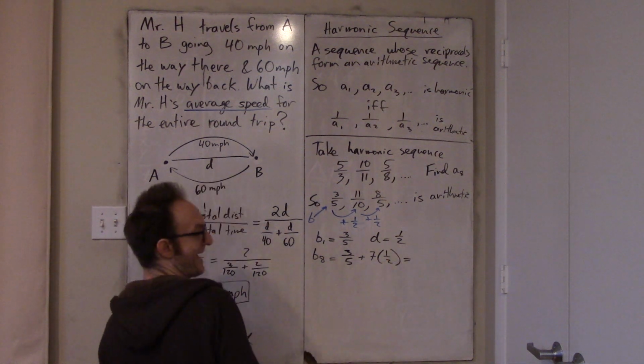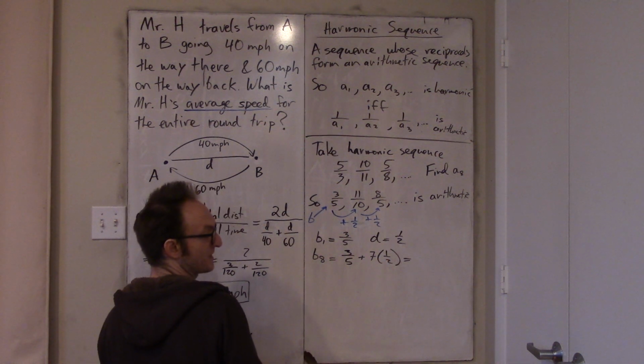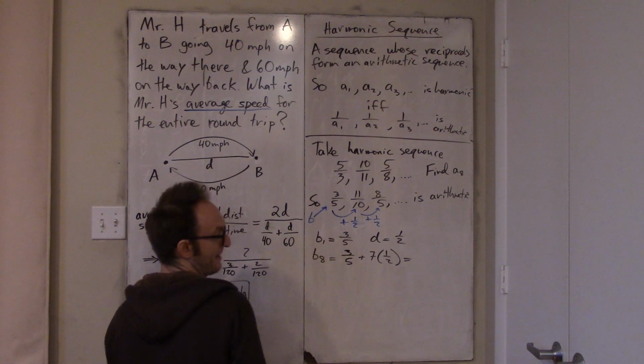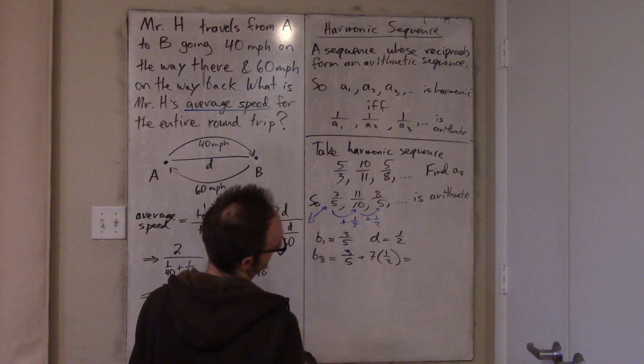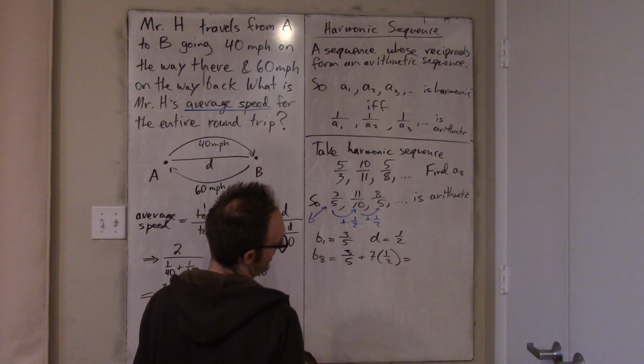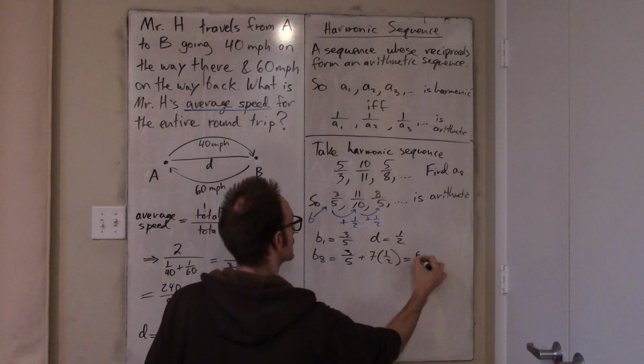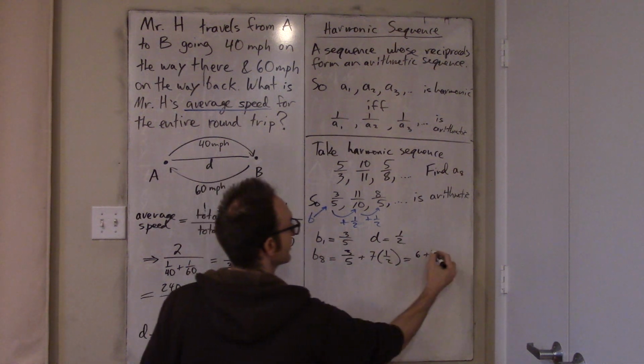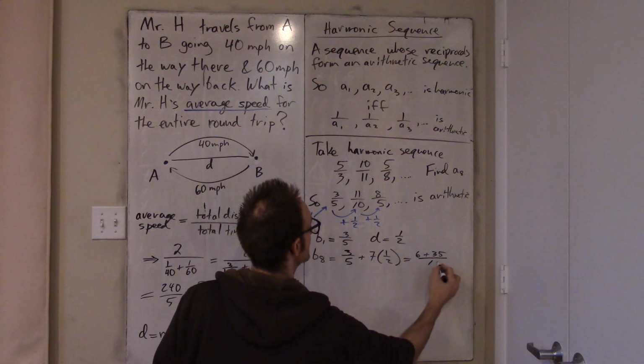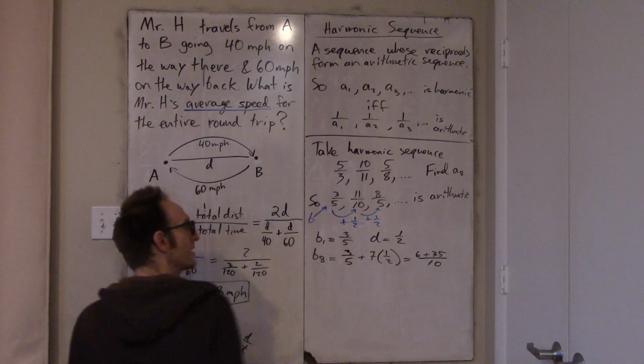So what is that? That's going to be 6/10 and 35/10. So that's 4. What happened? Yeah, multiplied by 2. So yeah, 6 plus 35/10. So 41/10.